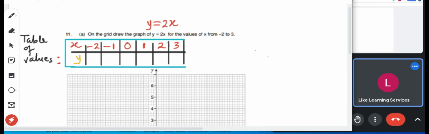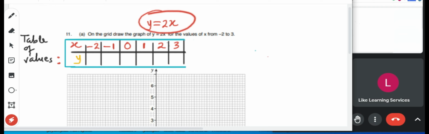Okay, so get the values of y, the way you always prepare your table of values. Go ahead and fill up this table quickly so that we can plot. When x is minus 2, what is y?